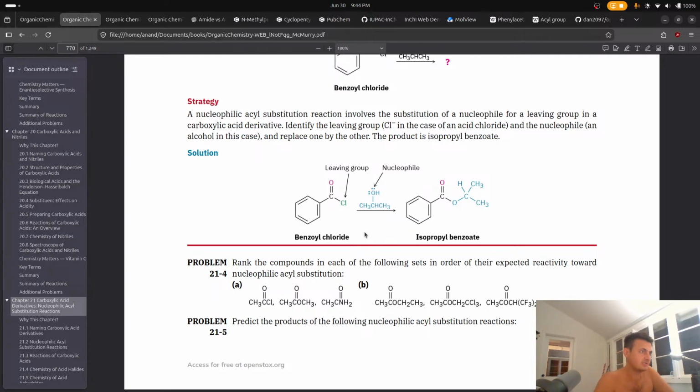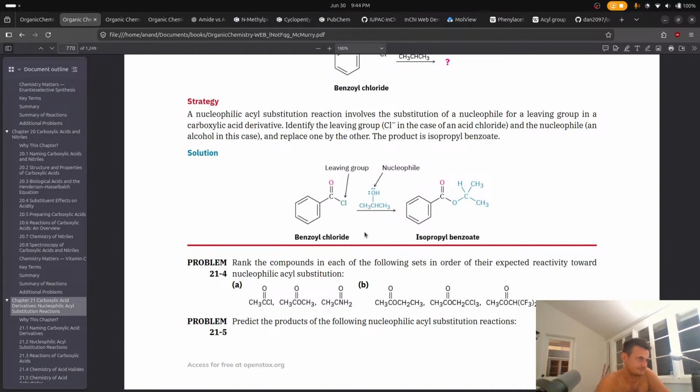Rank the compounds in each of the following sets in order of their expected reactivity toward nucleophilic acyl substitution.